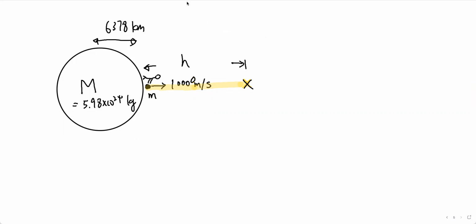Normally, you can use the formula mgh. Let me show you the result. So you say mgh equals half mv squared of the ball, and you can get the height to be v squared over 2g. Using your calculator, you can get the result.